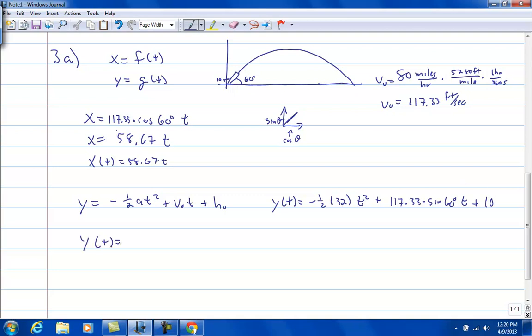So our y function is going to be, well, negative 1/2 of 32 is negative 16t squared plus, and I'll do the 117.33 times sine of 60, and that's going to give us 101.61t plus the 10. So we have our two functions in our horizontal component and our vertical component.